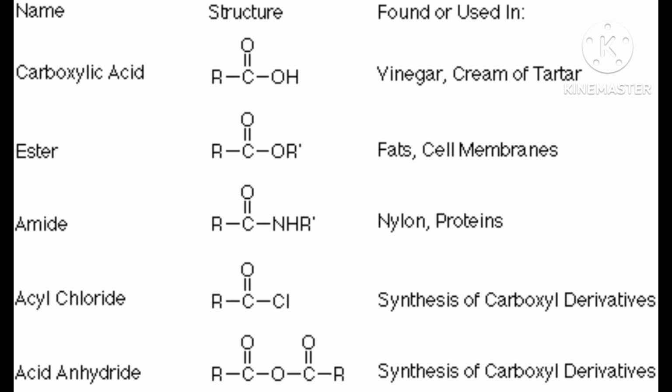Now the common names of ketones are derived by naming the two alkyl or aryl groups bonded to the carbonyl group. The locations of substituents are indicated by Greek letters alpha, alpha dash, beta, beta dash, and so on, beginning with the carbon atom next to the carbonyl group, indicated by alpha, alpha dash.